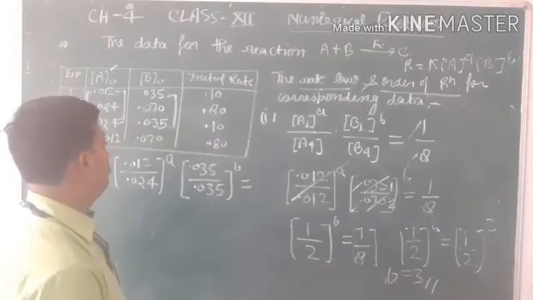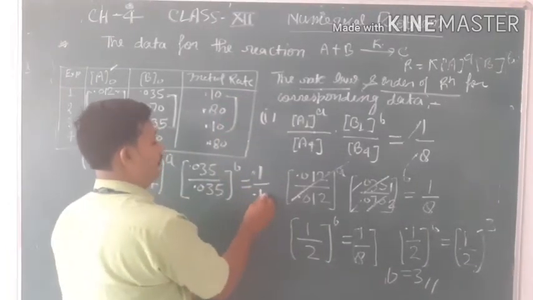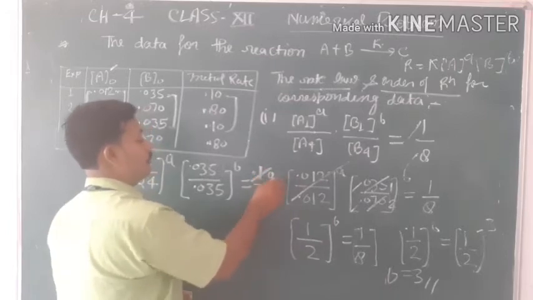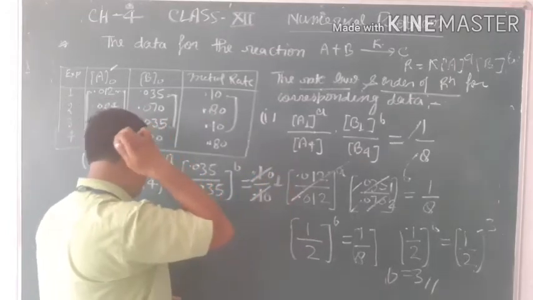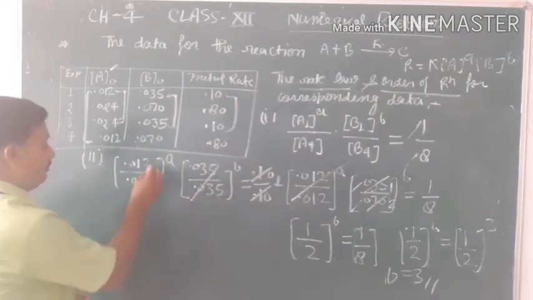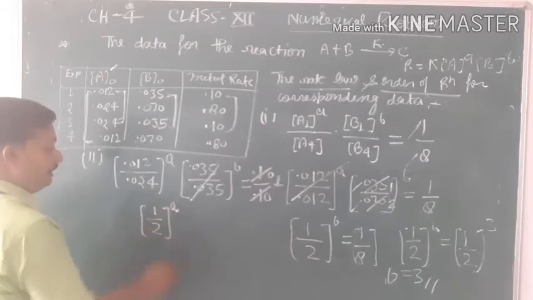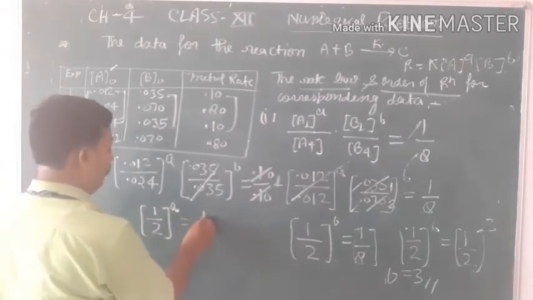Okay, and now 0.10 upon 0.10, you know this is equal to 1. Okay, and here b cancels out. We will get 1 upon 2 to the power a is equal to 1.